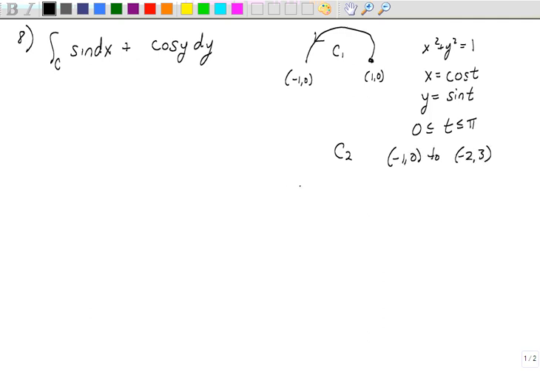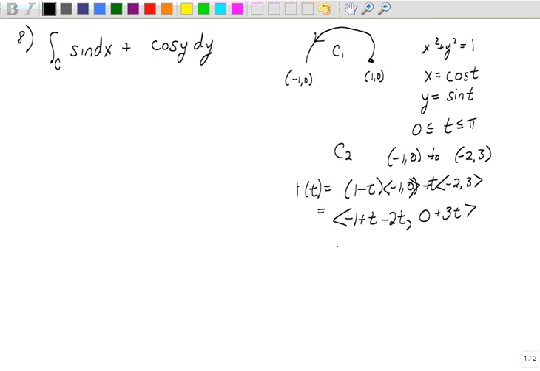And again, I use the formula, so x is -1 minus t, y is 3t.